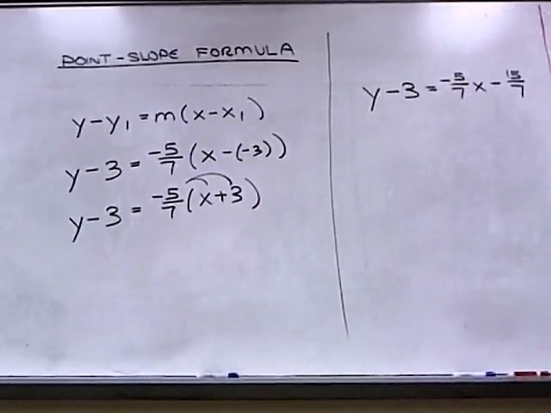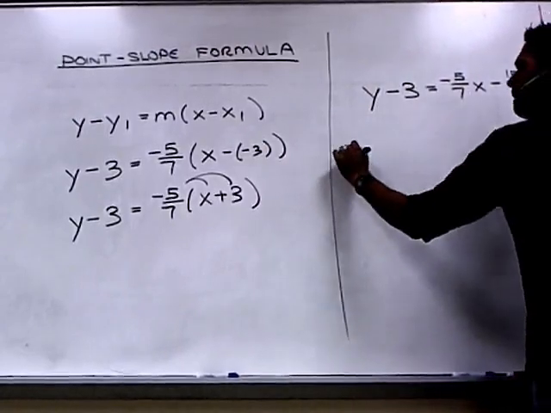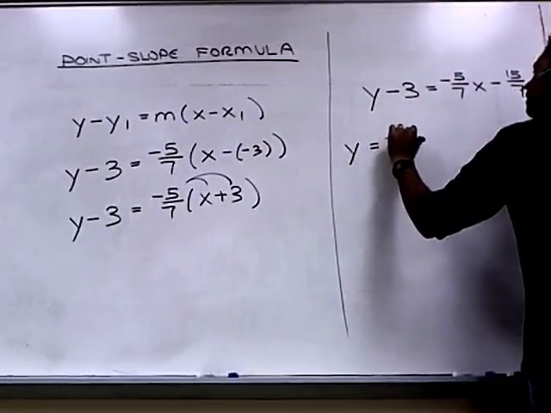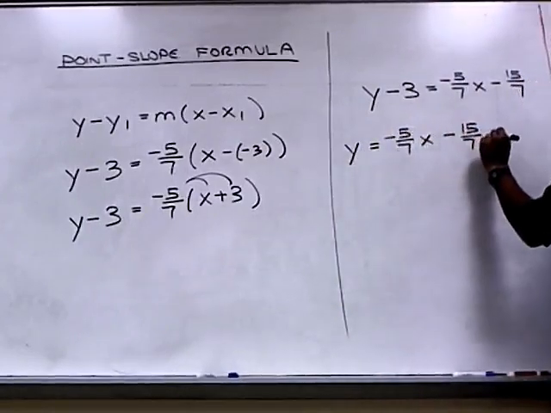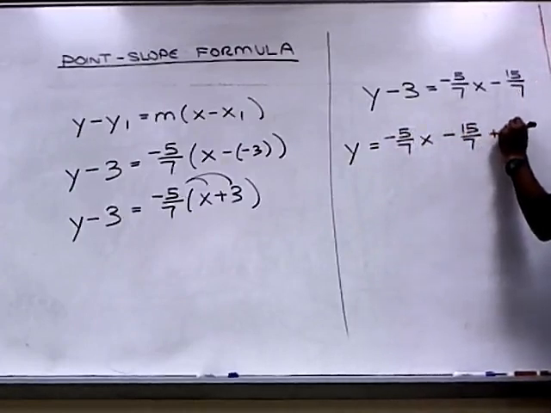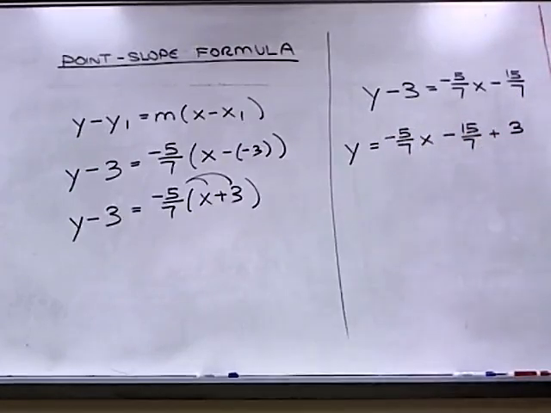Now I can add 3 to both sides. I have the -15 over 7, and then adding 3. I can't add these things together until I have the same denominator, right? So I turn 3 into what?